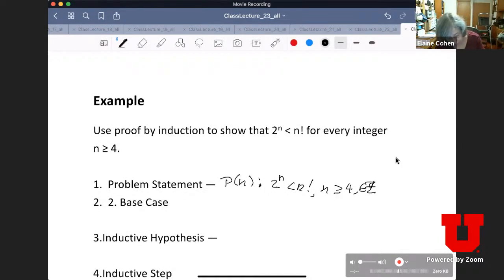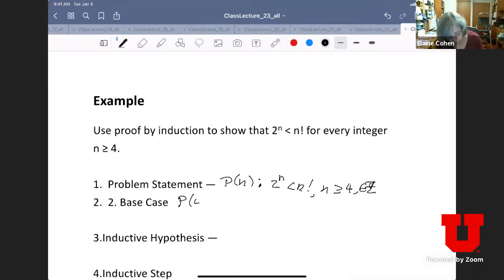Okay, what's the base case? Well, what's P of 4? Not P of 1, not P of 0, P of 4. 2 to the 4th is equal to 16. 4 factorial is equal to 4 times 3 times 2 times 1, and that's equal to 24.